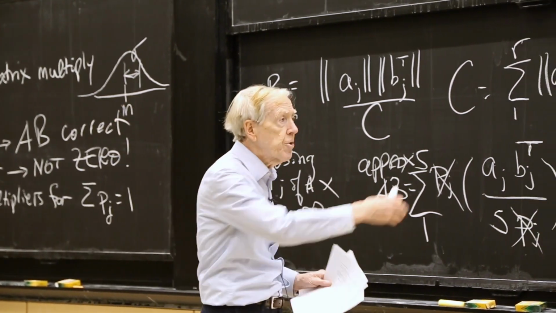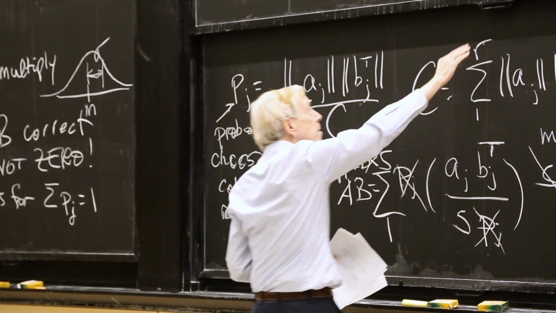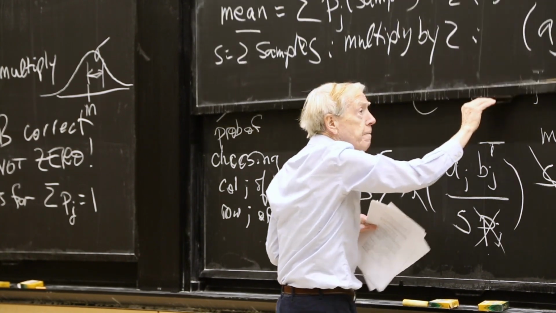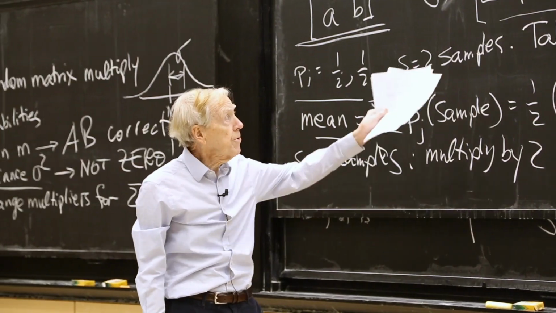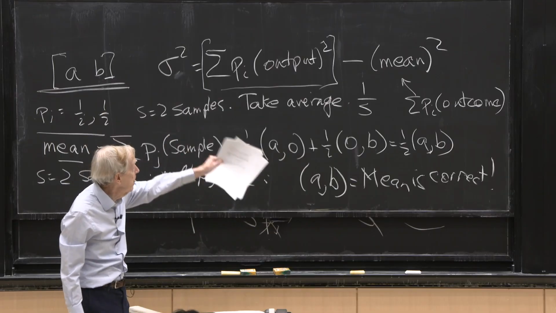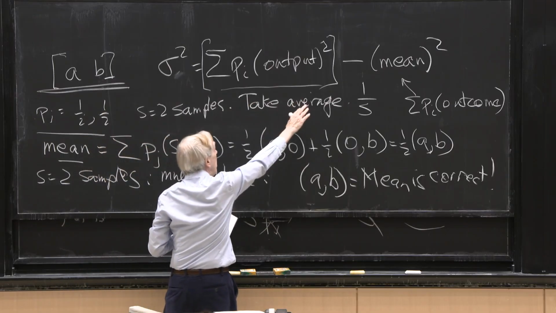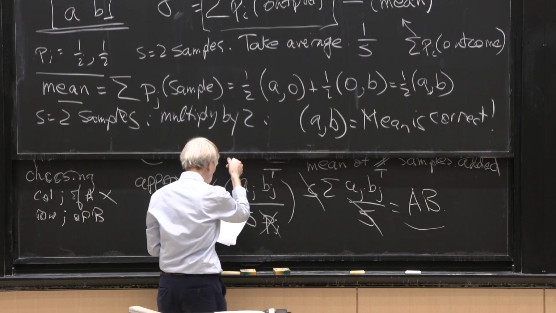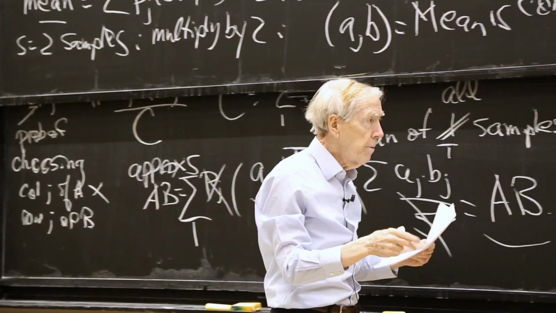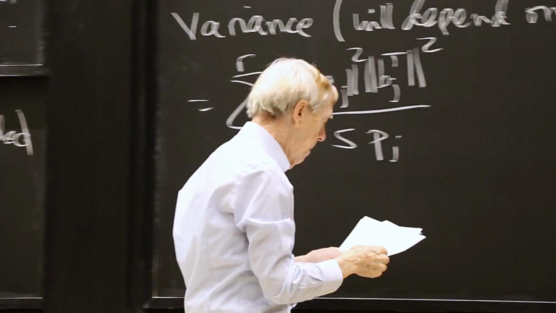So that is how I'm computing the variance. What I've computed now is this first bit, and then I should subtract the mean squared. And this is for one sample.